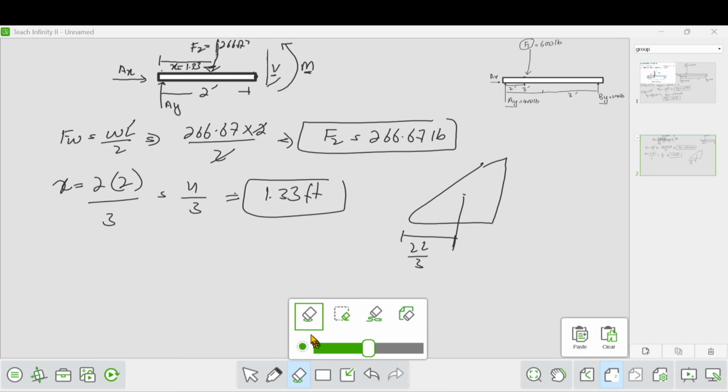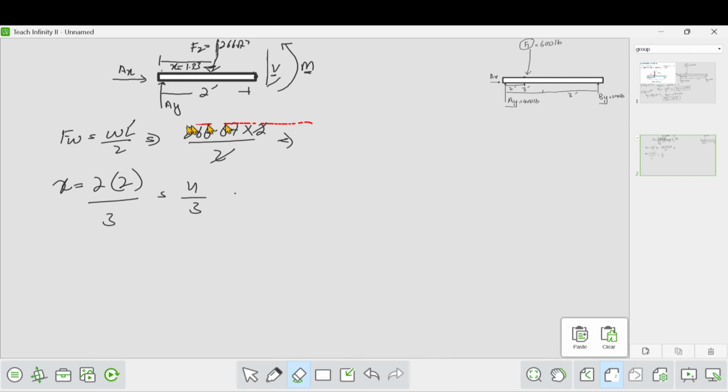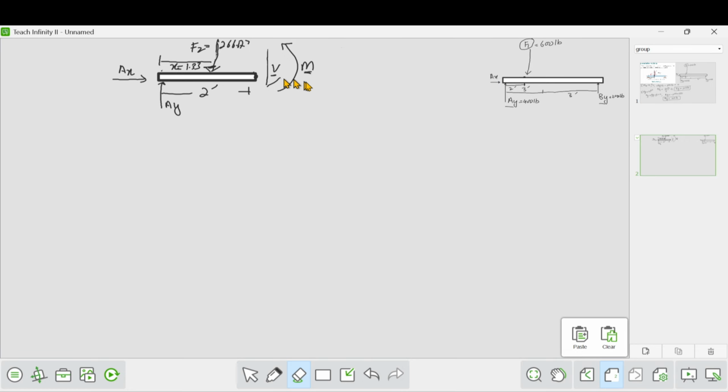Now I have found L as well as F1. Now I can easily find the moment and the shear force at the right of support A at 2 feet. So summation of moments, let's say this point at 2 feet is point A dash, so the sum of moments about A dash equals 0.